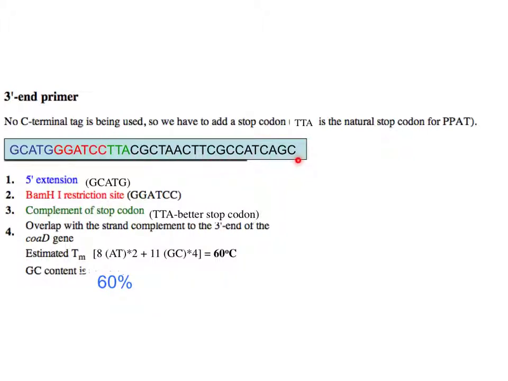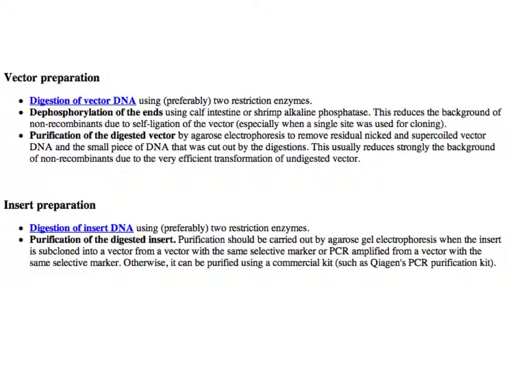And then the reverse complement of the 3' end of the COAD gene. Estimated TM, again, you're looking at this region, is 60%, and then the GC content for the entire sequence is 60%.